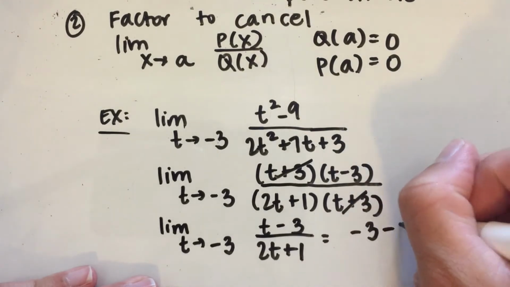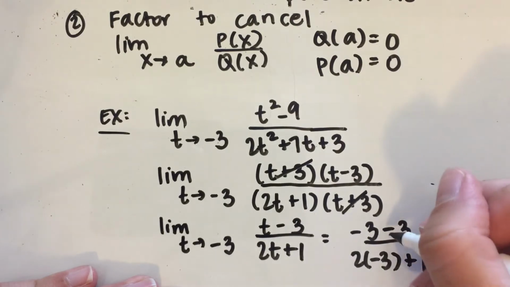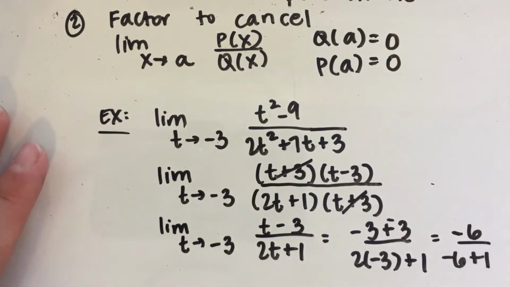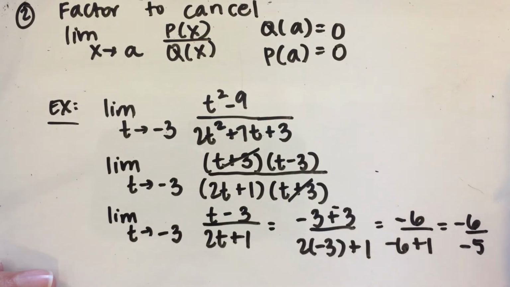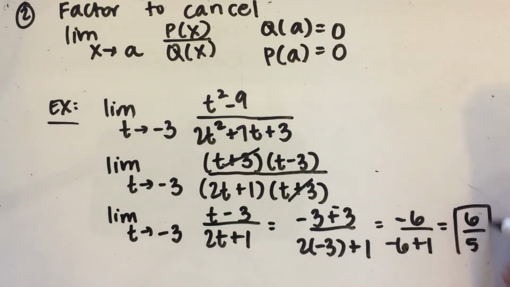So we get negative 3 minus 3 over 2 times negative 3 plus 1. This will be negative 6 over negative 6 plus 1, which is negative 6 over negative 5, or in other words, 6 over 5.